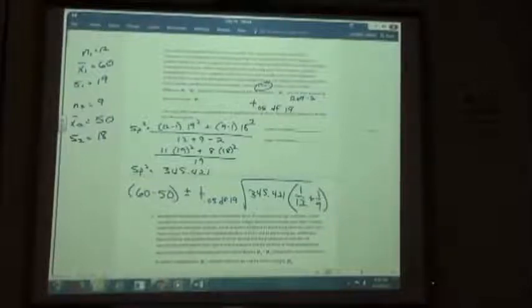And then we're going to have the 345.421. Parenthesis. 1 divided by 12. Click behind the fraction. Plus 1 divided by 9. Click behind the fraction. Close that parenthesis. It equals.